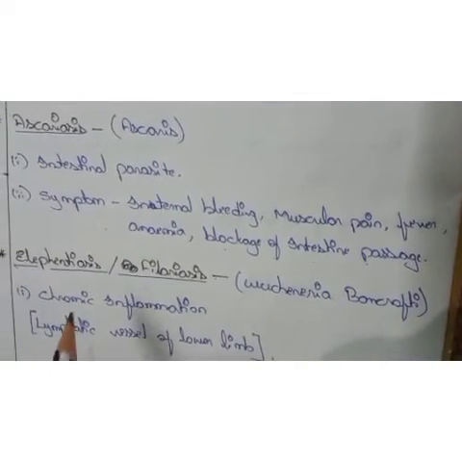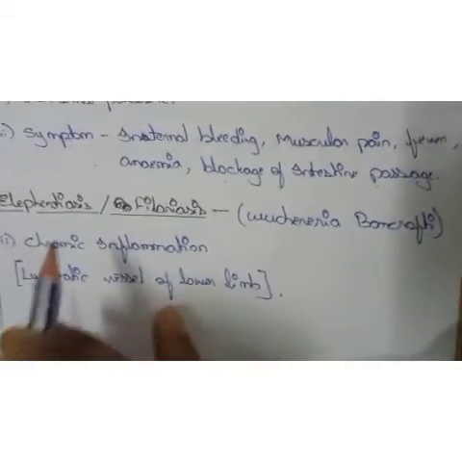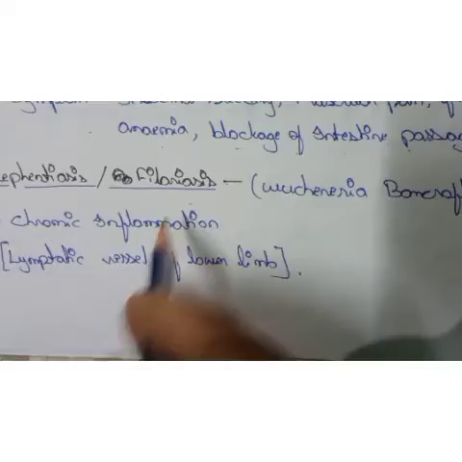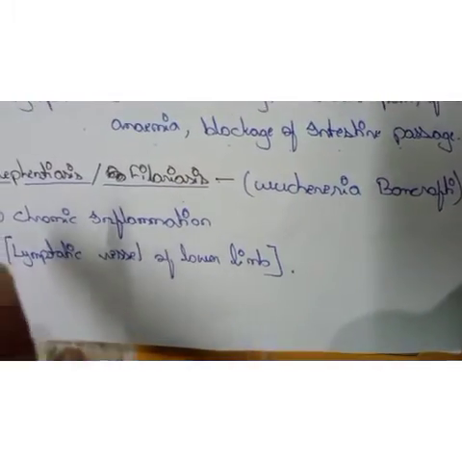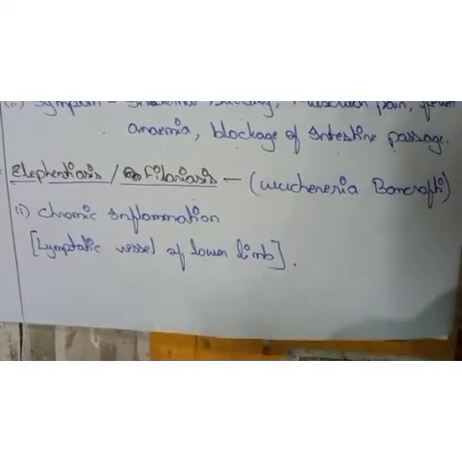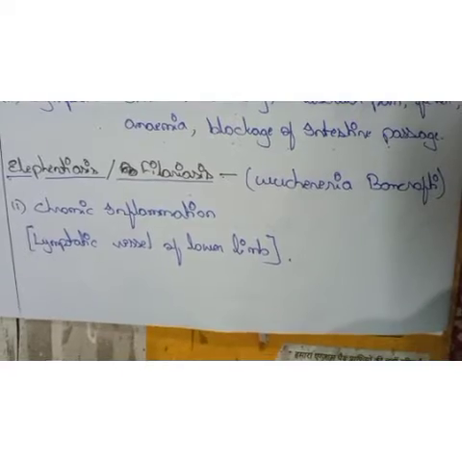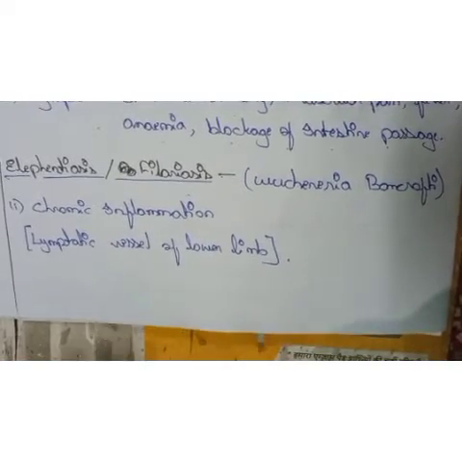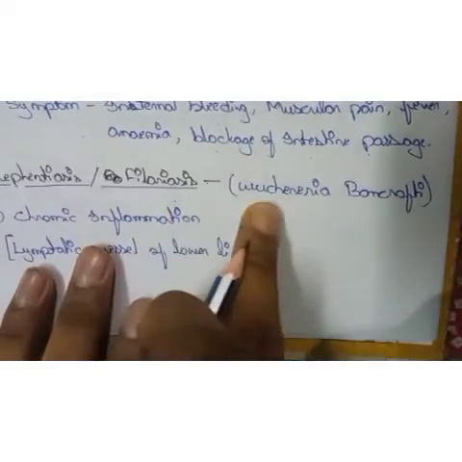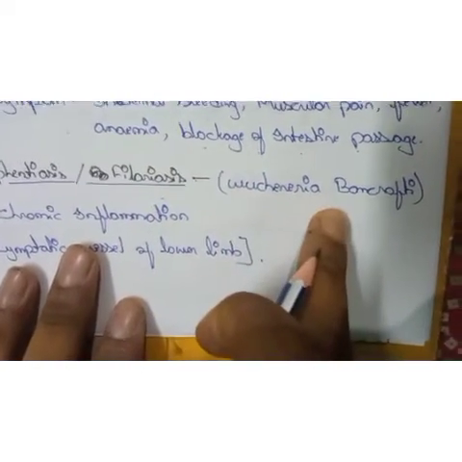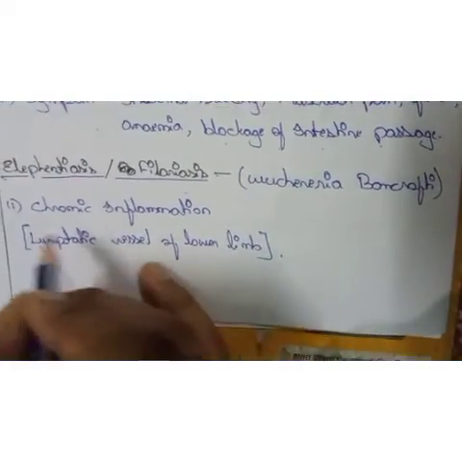Okay, so the next disease is elephantiasis or filariasis. It is called elephantiasis because the leg of the patient becomes fat like an elephant's leg. Okay, the causative agent is Wuchereria bancrofti.